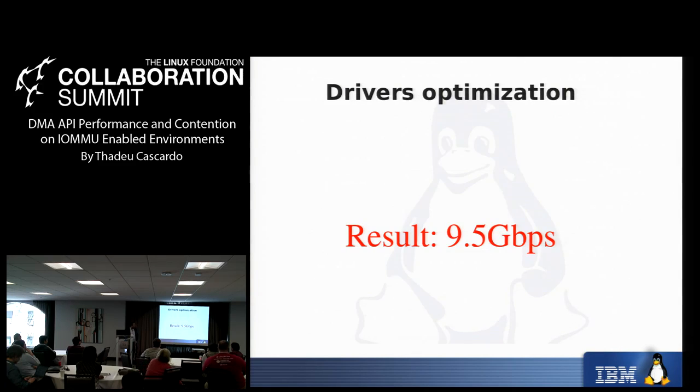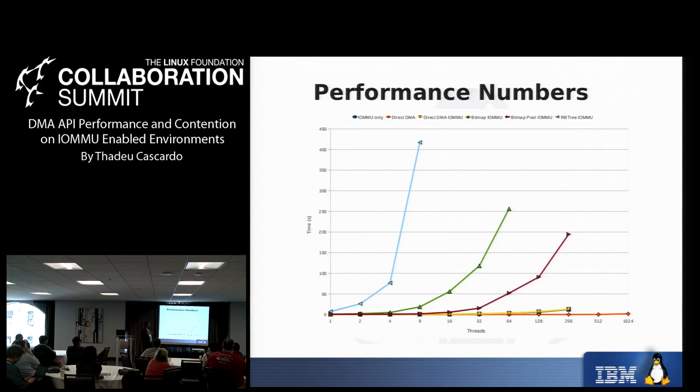From now on, I'm going to show you some results of some tests I made, and I'm going to describe those tests. These are not tested with a real driver. I had a very simple driver which only made calls to the DMA map API 1,000,000 times.